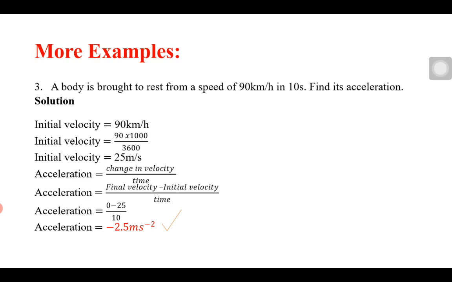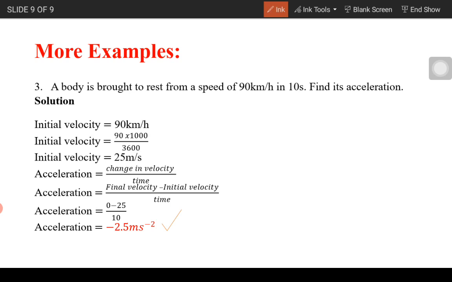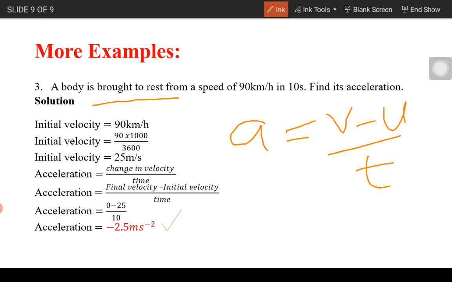Another question. A body is brought to rest from a speed of 90 kilometers per hour in 10 seconds. Find its acceleration. Again, acceleration is v minus u over time.